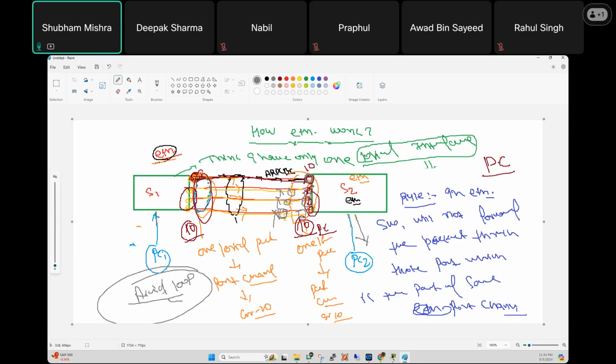When we are configuring EtherChannel, we have to keep these things in mind. After that, we will discuss the types of EtherChannel. There are 3 types of EtherChannel. We will discuss them one by one.